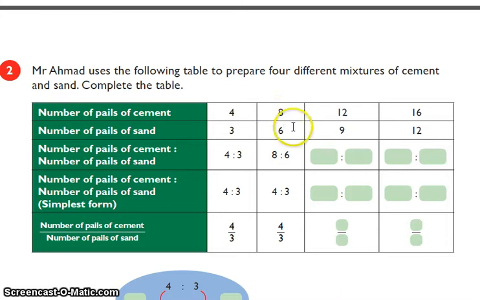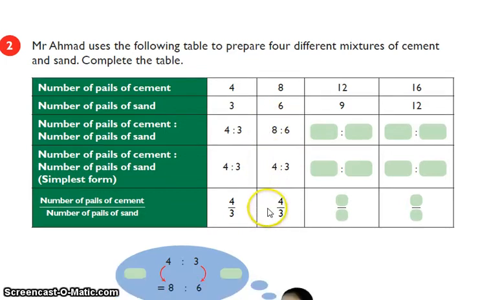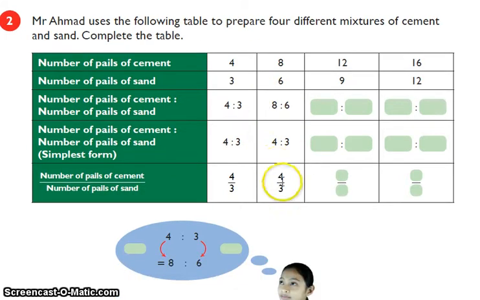If he were to use 8 pails of cement, he will have to use 6 pails of sand. When we simplify the ratio, it is also 4 to 3.